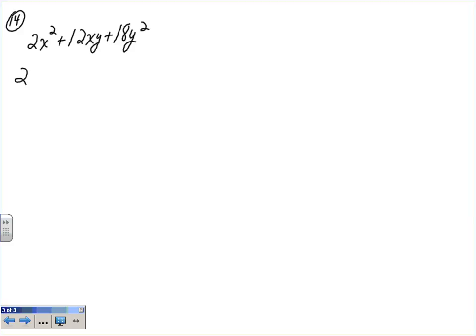You always want to do that first. Take out the greatest common factor. For right now, yes. And so this is x squared plus 6xy plus 9y squared. Did you get that, Ozzy?